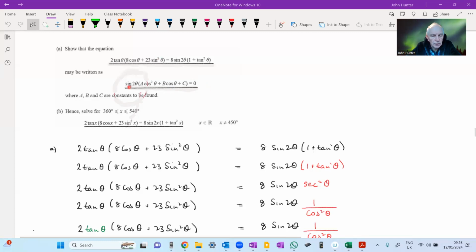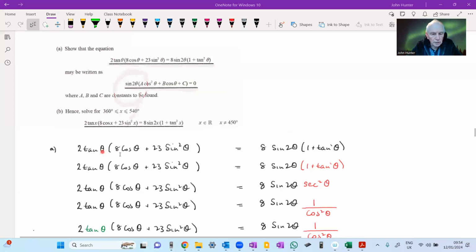Also interesting is that this sine 2 theta here is common. We can factorize this out. Now we've got a sine 2 theta here, but we haven't got one on the left. So we may be creating that on the left, because once we've got it on both sides, then obviously we can move the right hand term over to the left and factorize out. Let's just give it a go and see what happens.